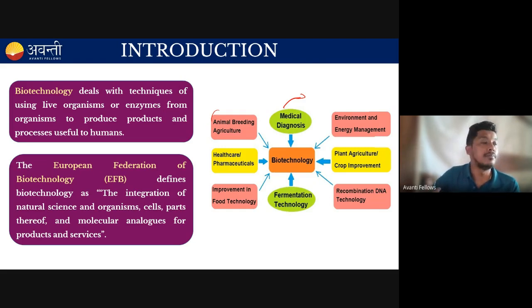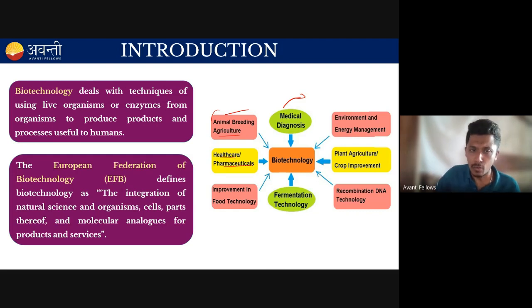Today we are struggling a lot to preserve our native breeds of cows and buffaloes, as well as sheep and goats. And we are also trying to bring certain foreign breeds like Afghan goats into Indian soil because they have good meat production in a very short period of time. So there also we are using biotechnology for animal breeding as well as in agriculture.